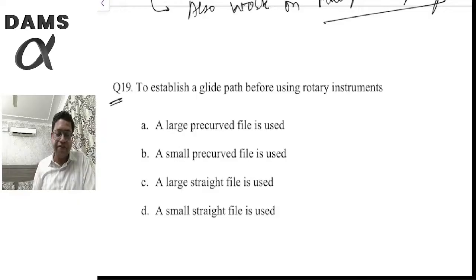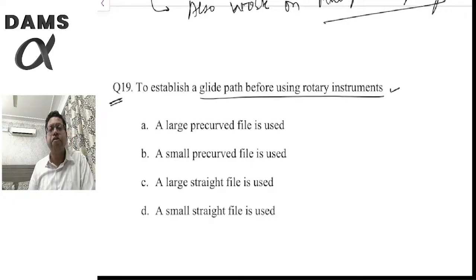Question number 19. To establish a glide path before using rotary instruments. You all know that in the sequence of root canal preparation, we first use small hand instruments, and before insertion of the rotary instruments, hand instruments are used to prepare a smooth path to the apical terminus.